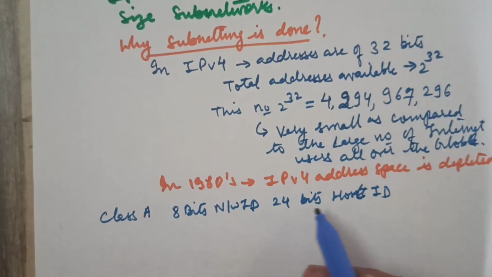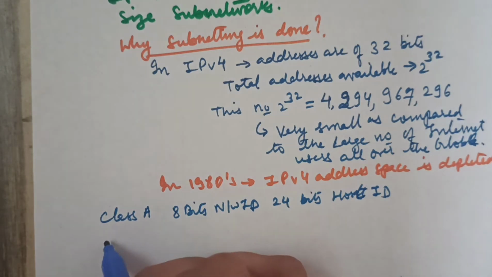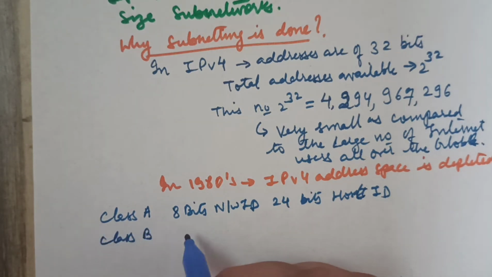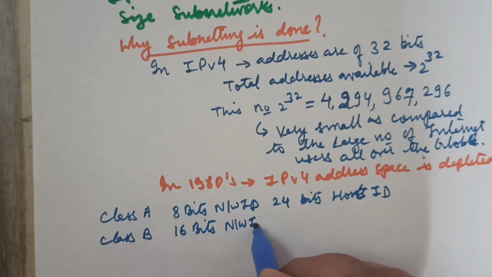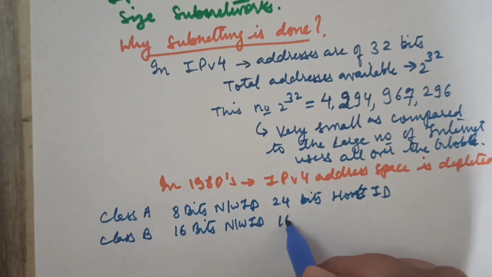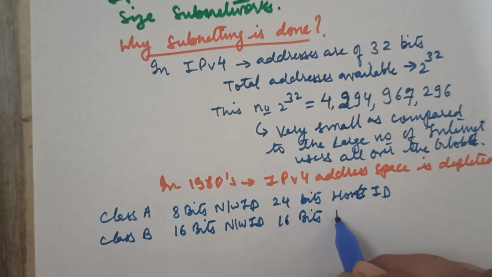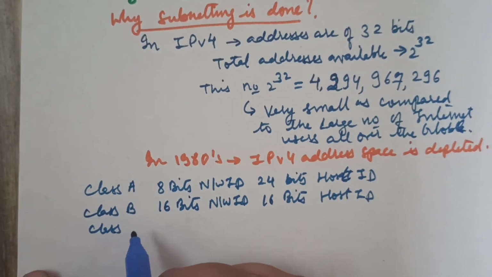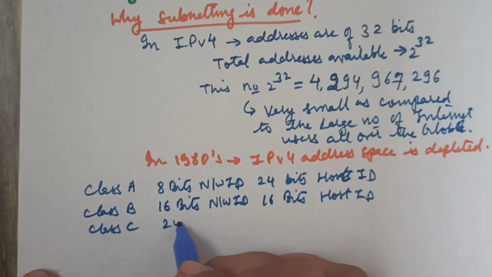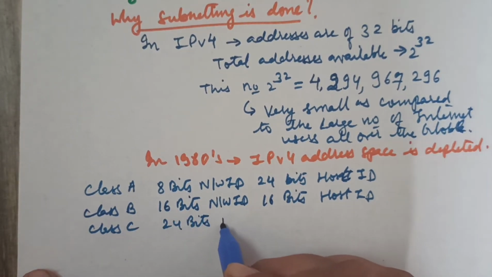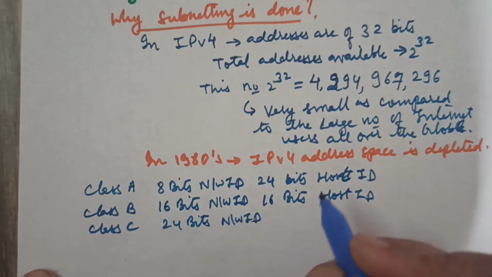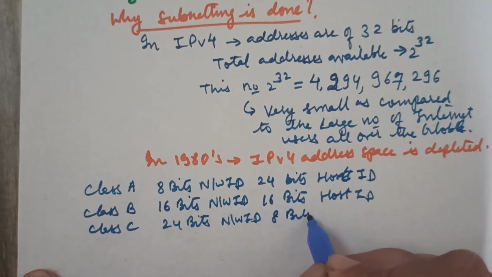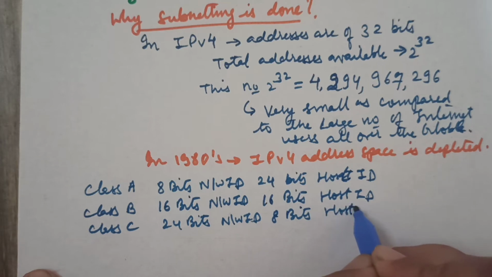It has network ID and host ID. The class B IP address has got 16 bits in network ID part and remaining 16 bits out of 32 in host ID part. In class C, there are 24 bits in the network ID part and remaining 8 bits in the host ID part.